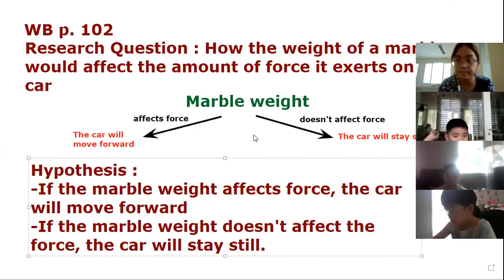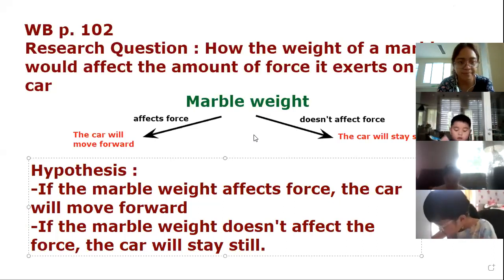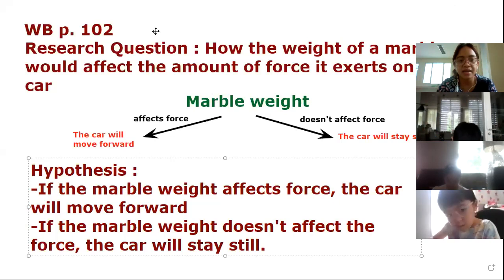Miss, so we write the hypothesis on A, that right? Yeah, so the question A is asking about that. Okay, there is a word here that I want you to understand.